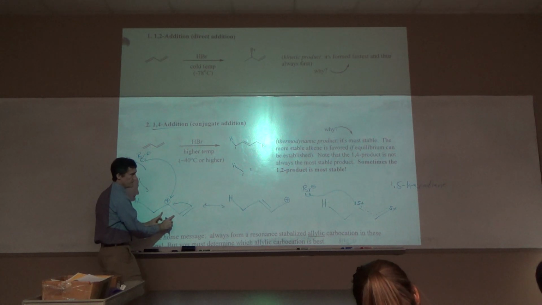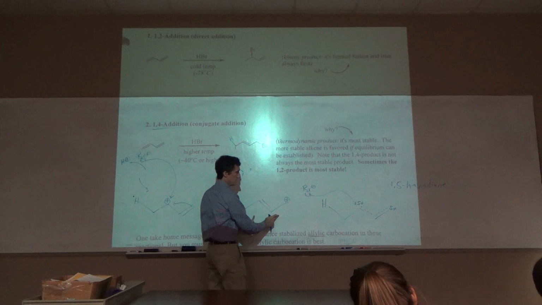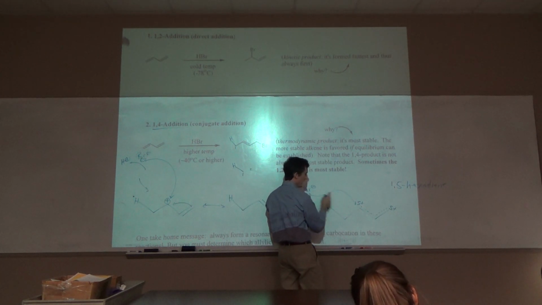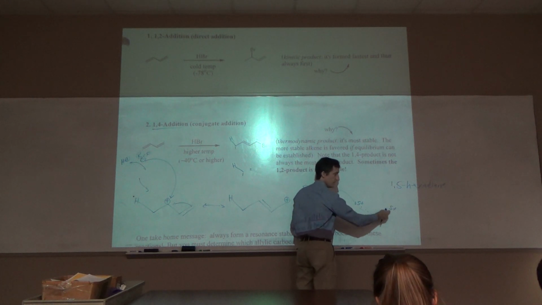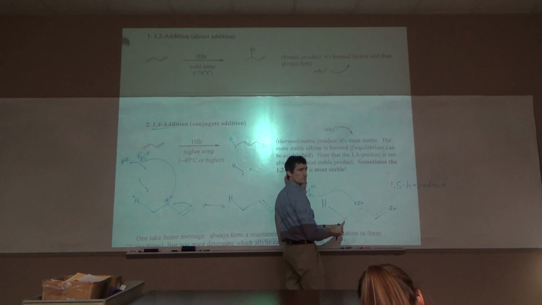But this is resonance stabilized. And we can show this resonance structure. We know the hybrid is really this. But instead of the Br minus attacking here, it attacks where? It attacks over here. That's the 4 position compared to the 1.